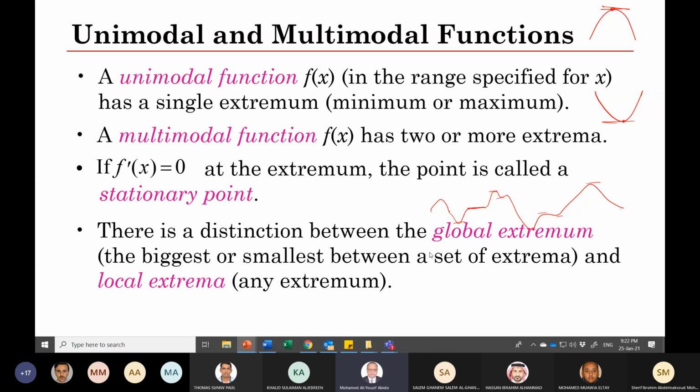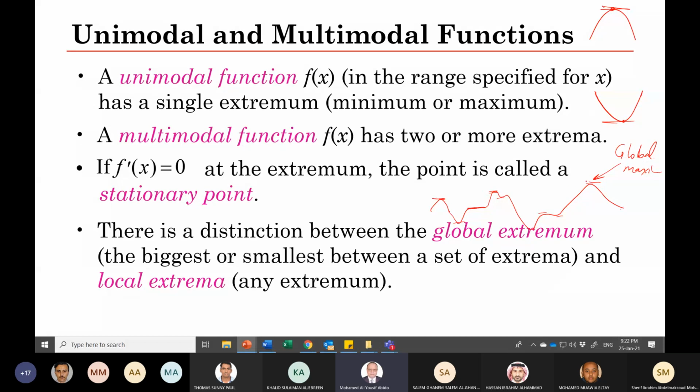There is a distinction between the global extremum, the biggest or smallest among the set of extrema, and the local extrema. As you can see here, this point is the global maximum. This is a local maximum, and this is a local maximum.